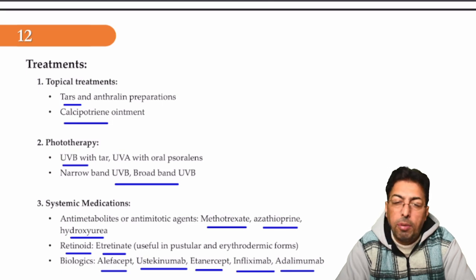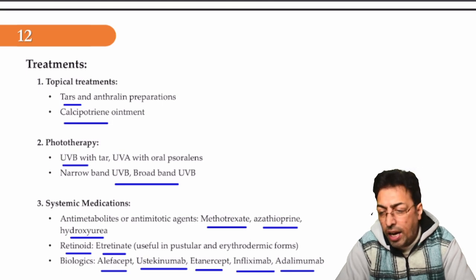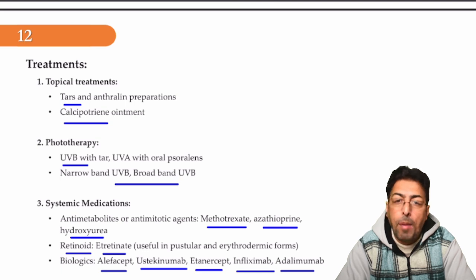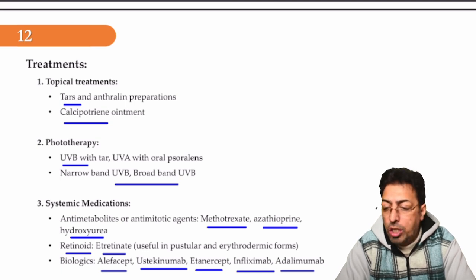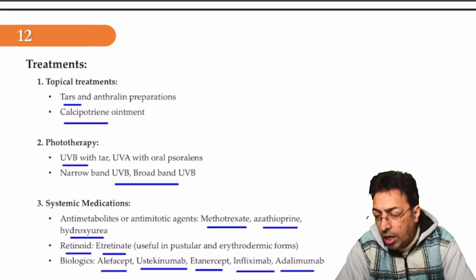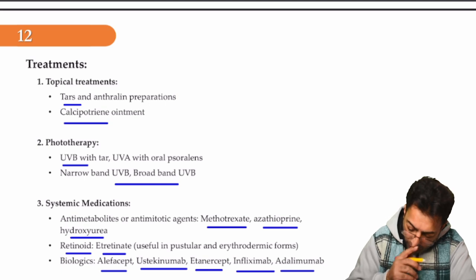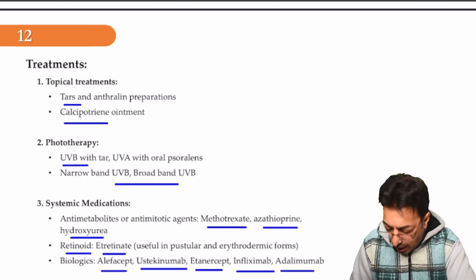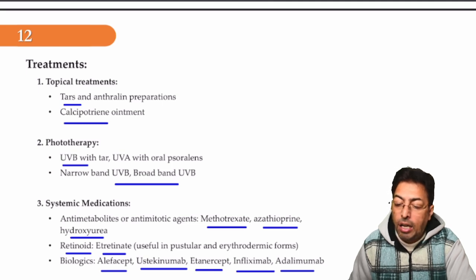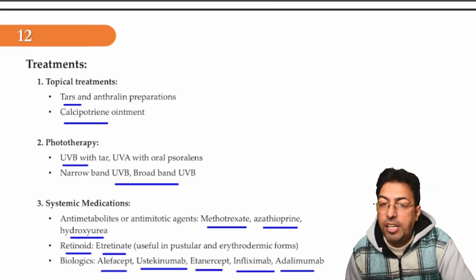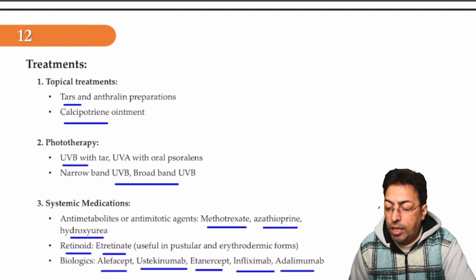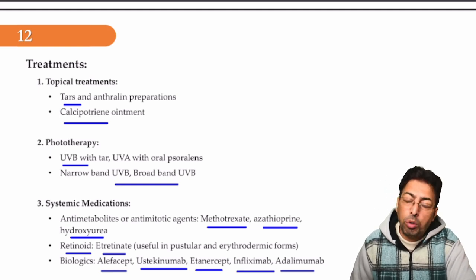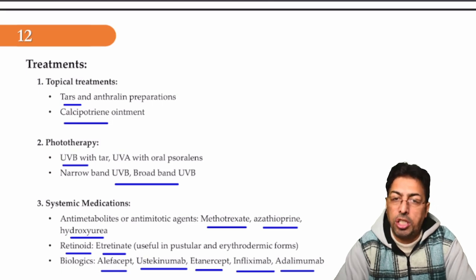Etanercept, you have to remember, is a combined TNF alpha and TNF beta blocker. It is very effective in treatment of psoriasis. In addition, infliximab and the drug which I mentioned last, adalimumab, is characteristically a TNF blocker as well, in addition to infliximab, and they are both given in the treatment of psoriasis.